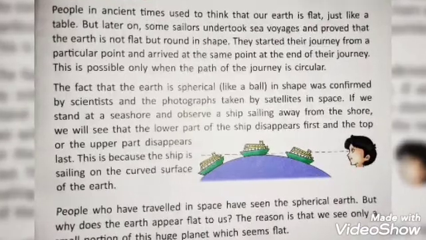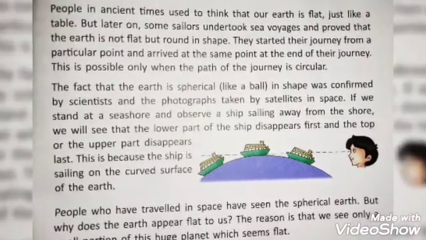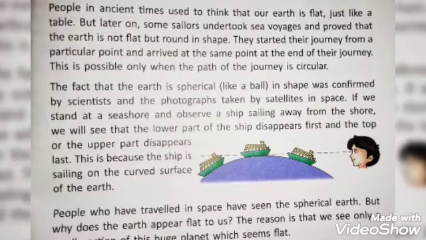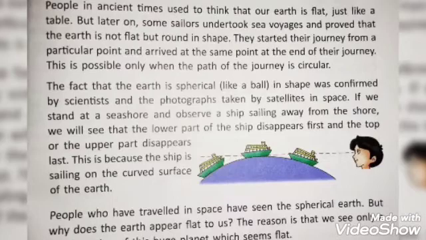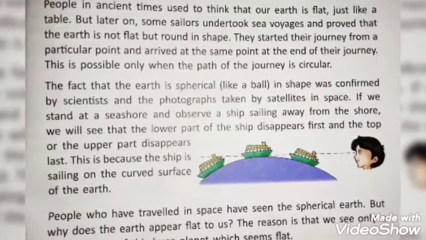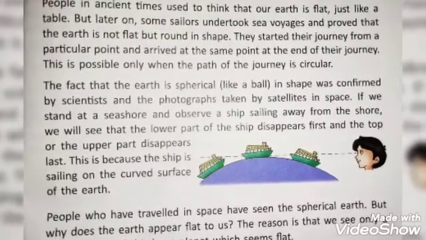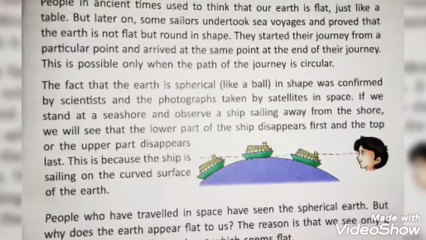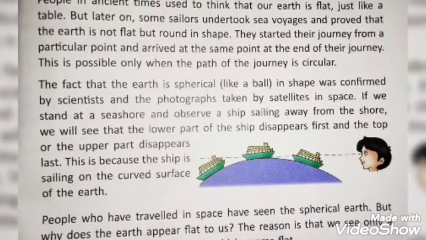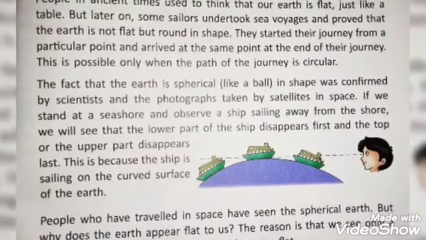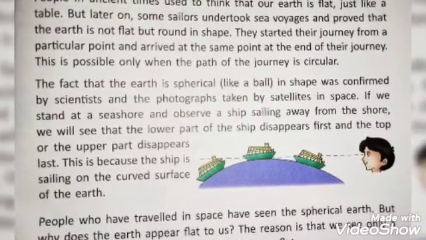So children, here it is stated that those who have traveled in space, the people who travel in space, are known as astronauts. Astronauts who went to space for studies observed that the earth has a spherical shape.